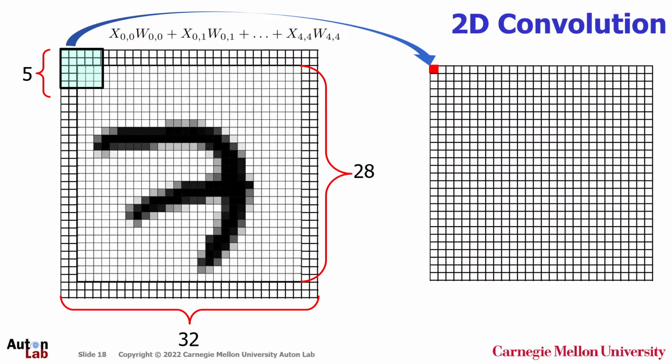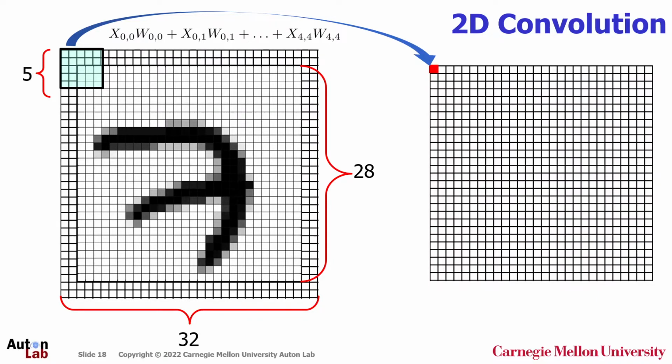This 5 by 5 submatrix of the input image, that is the submatrix where the convolutional operator receives its input, is called the receptive field of the convolution.